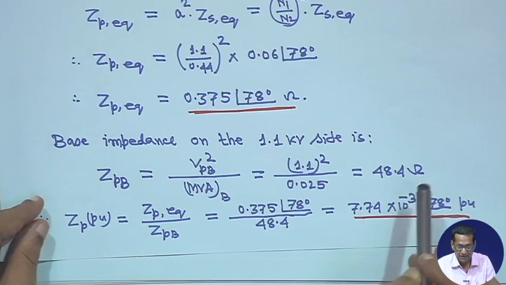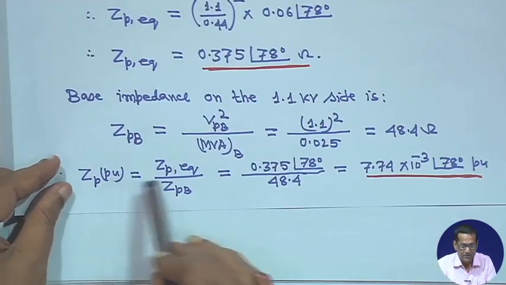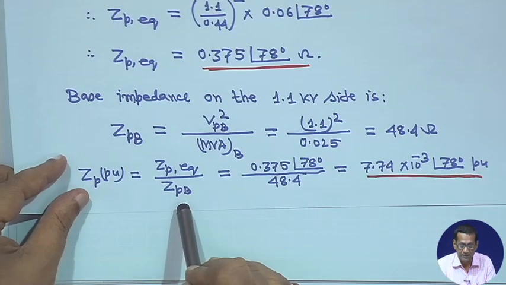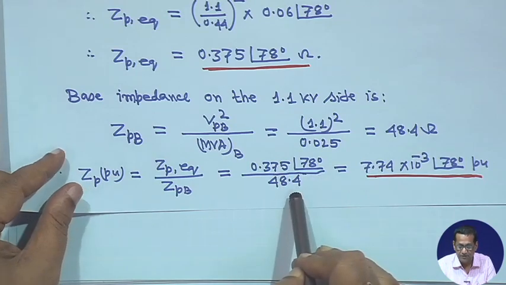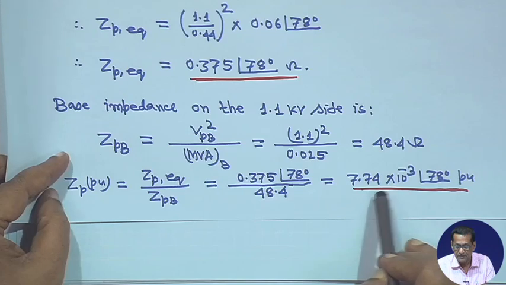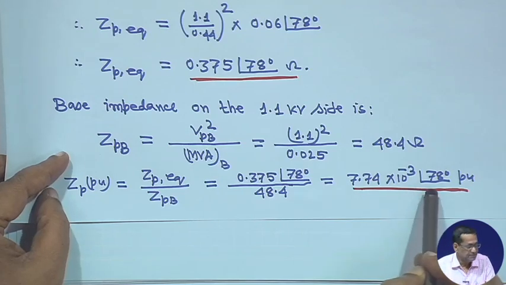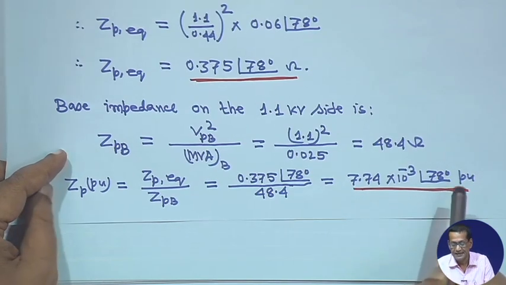Therefore, ZP per unit is equal to ZP EQ upon ZPB, equal to 0.375 angle 78 degree by 48.4, which is equal to 7.74 into 10 to the power minus 3 angle 78 degree.